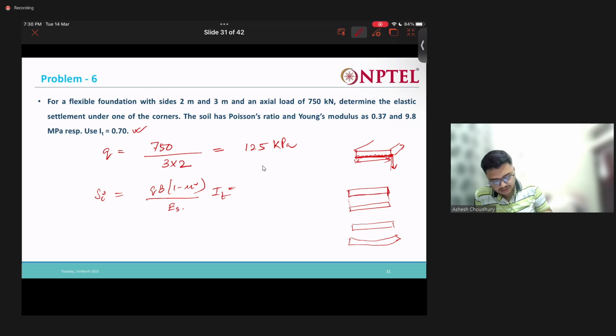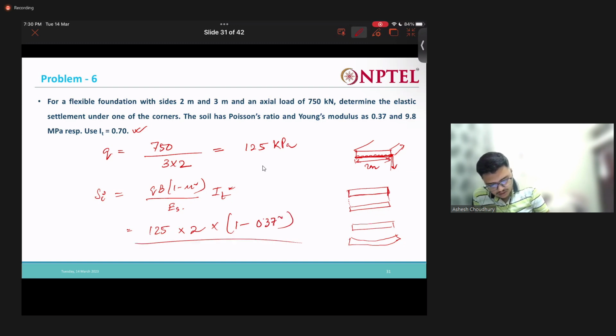So here, I will just put the values. My q value I know, 125. My B, the width, is 2 meter. What is my Poisson ratio? 1 minus 0.37 squared.